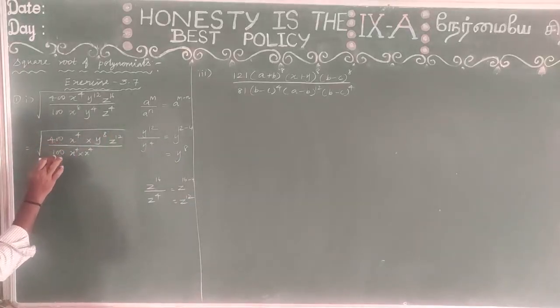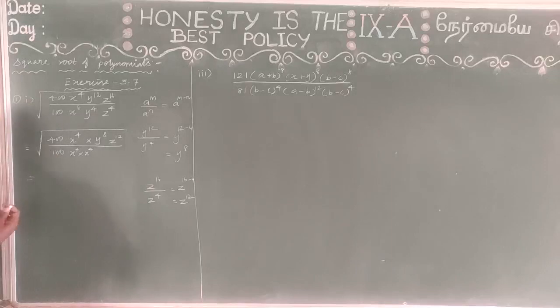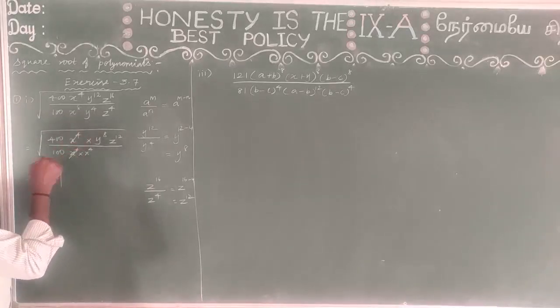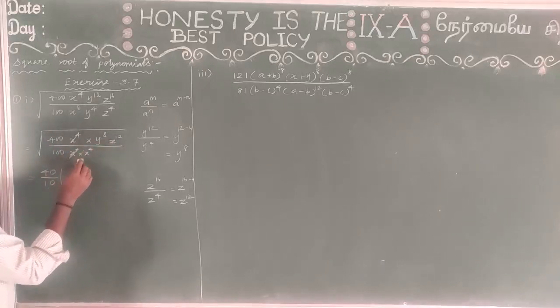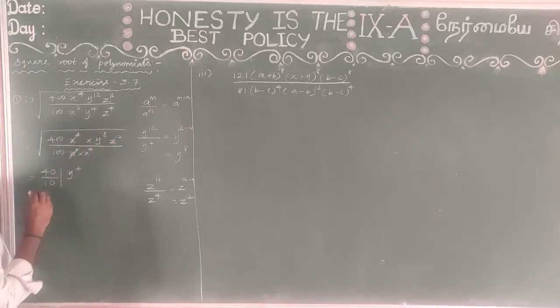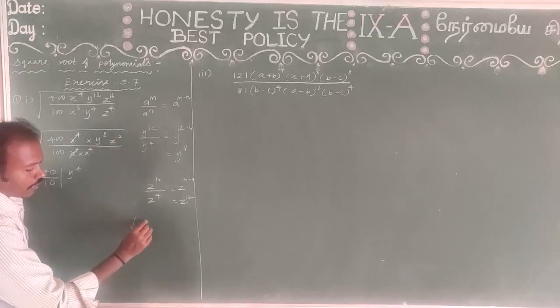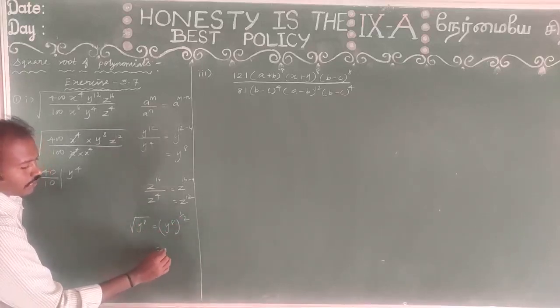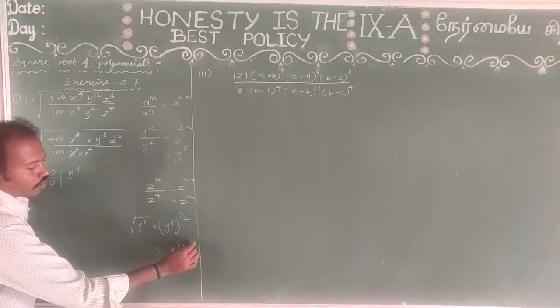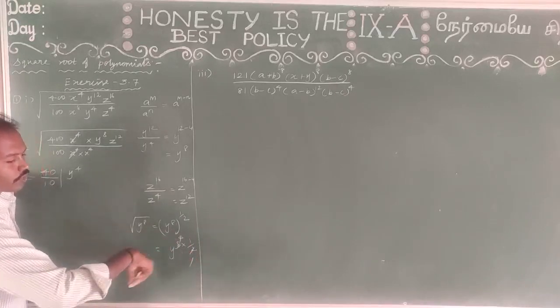Here 400 and 100 are square numbers, so 40 divided by 10 modulus. So x to the power 4, x to the power 4 cancel. Then y to the power 8, then y to the power 4. That means root of y to the power 8 is equal to y to the power 8 whole to the power 1 by 2. That is equal to y to the power 8 into 1 by 2. 1 twos are 2, 4 twos are 8.